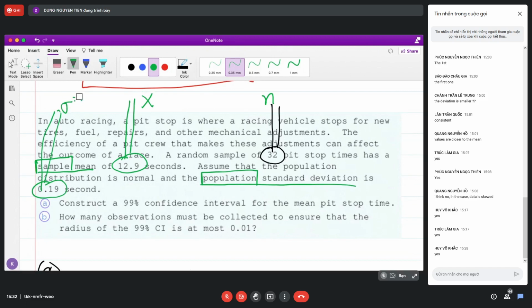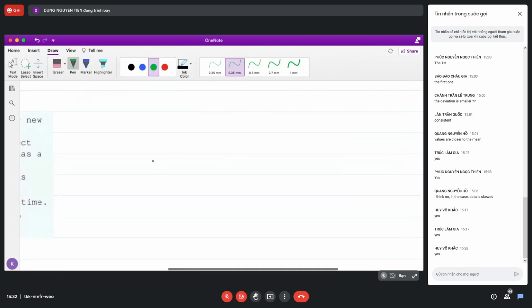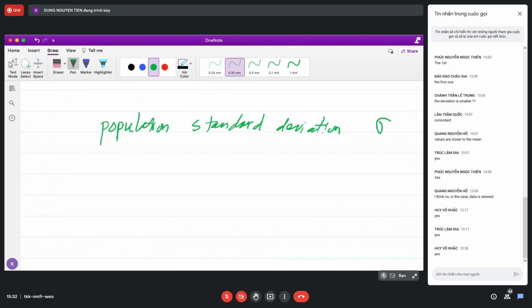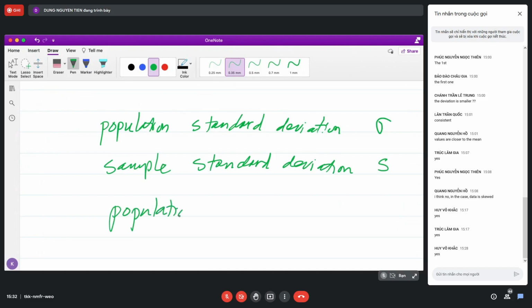You need to be careful with the word population. We get the population standard deviation, that is sigma. If you use the word sample standard deviation, that is S. Similarly, if you use the word population mean, that is mu.